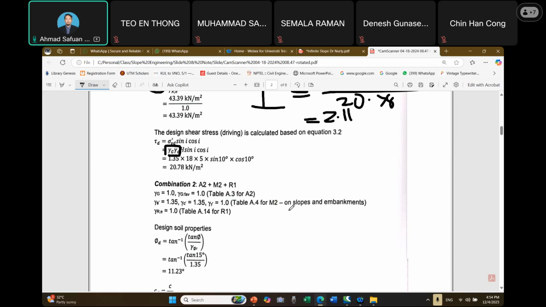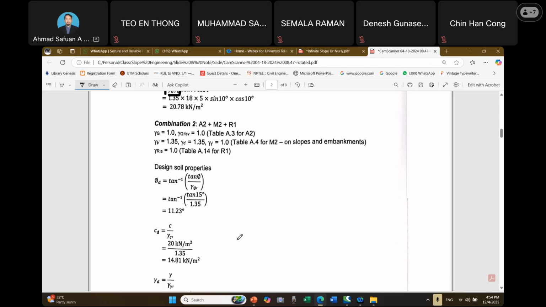So we try to solve the question based on combination 2. Under combination 2, we have a somewhat larger partial factor of safety, which is 1.35.